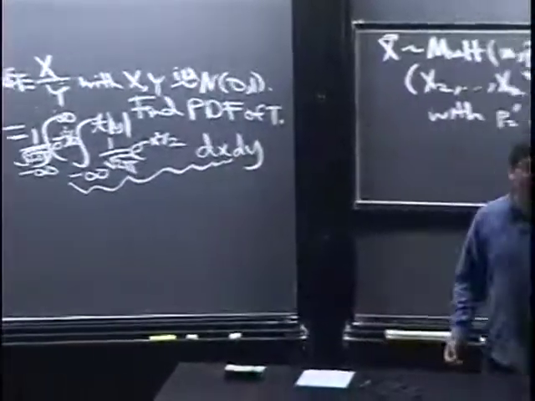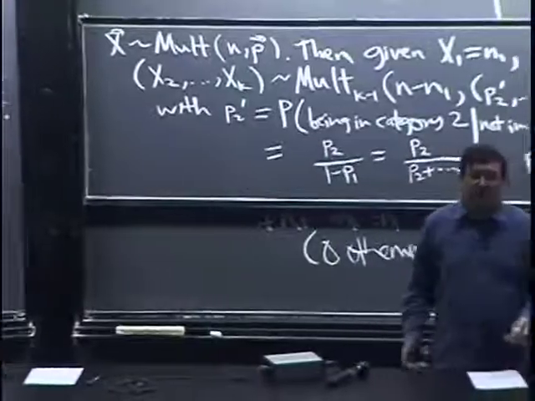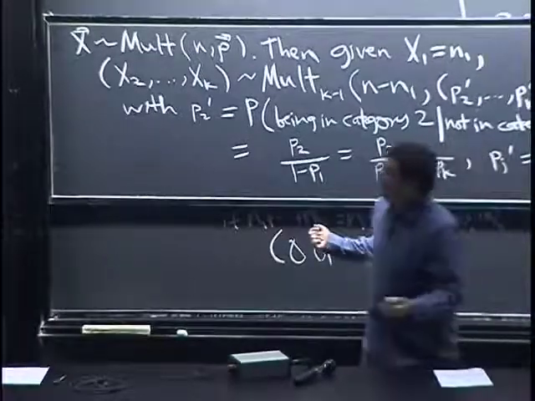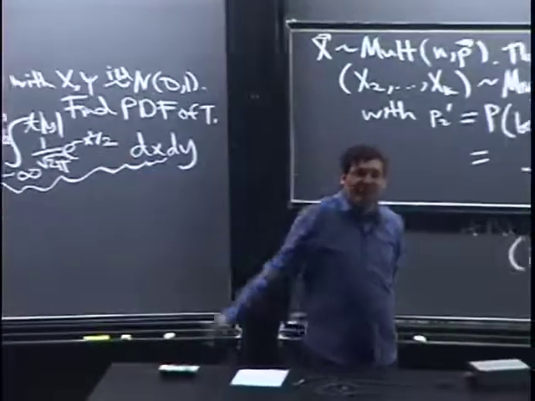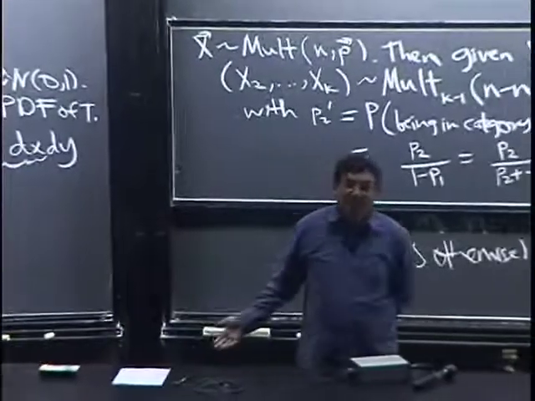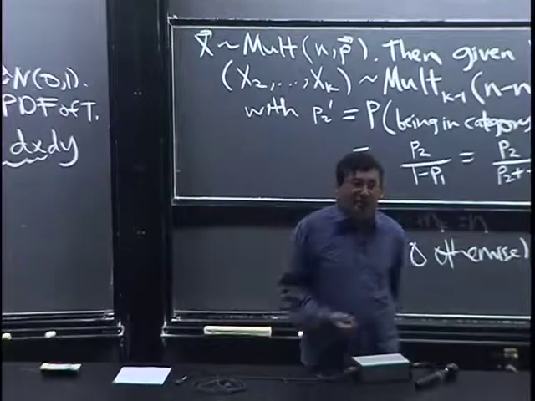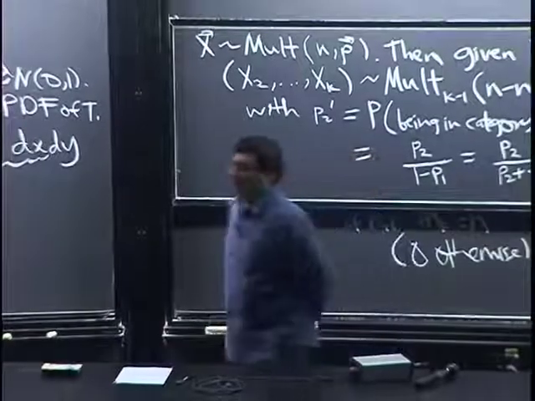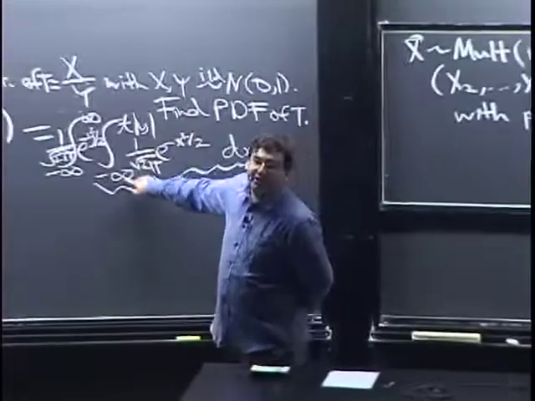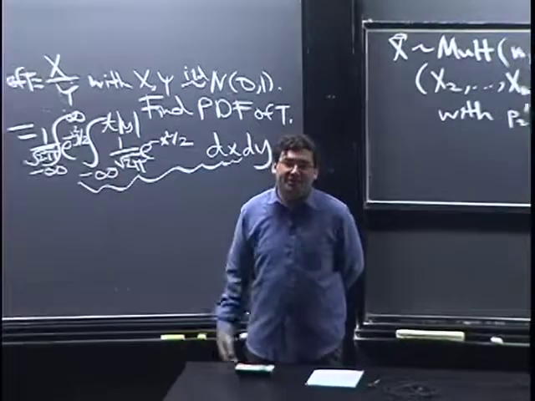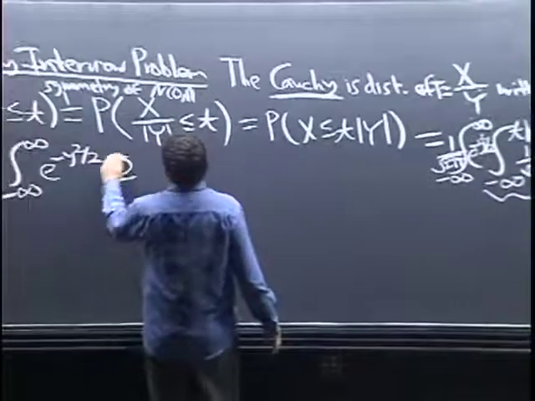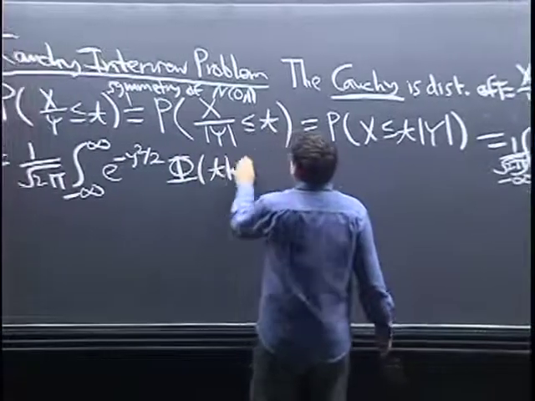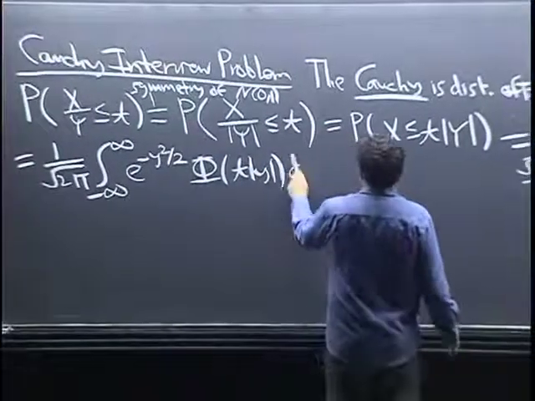In one sense, we can't do this integral, because that's the normal PDF, and you can prove that you can't do that integral. In another sense, you already know what that integral is. That's just capital phi evaluated here, the normal CDF. So actually it's just phi. Depending on whether you consider that doing the integral or not, it's just that, dy.